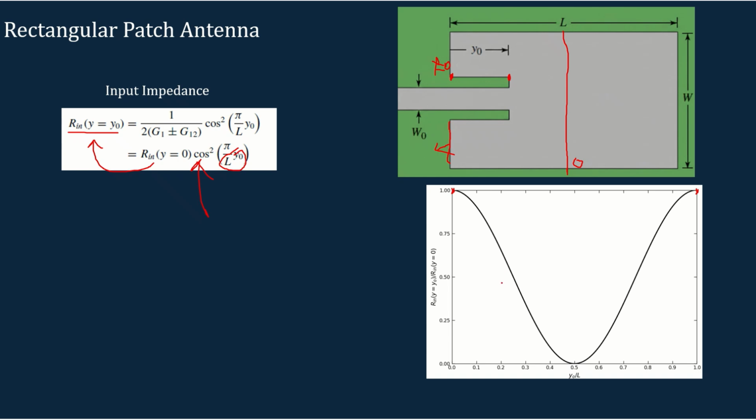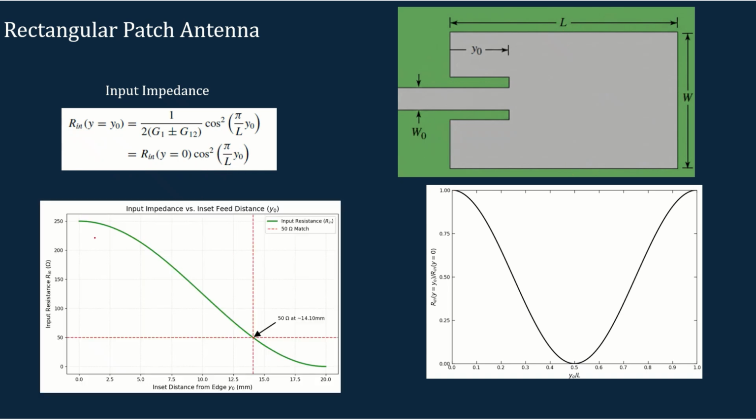If you want to find that, we have to know the value here. Maybe I will show while designing how you can find the value of the impedance at this point. This is just a practical example. If I know the value of the impedance at this position, how can I find this dimension y0? I know the impedance at y equal to y0 is 250 ohm, maybe calculated using simulation.